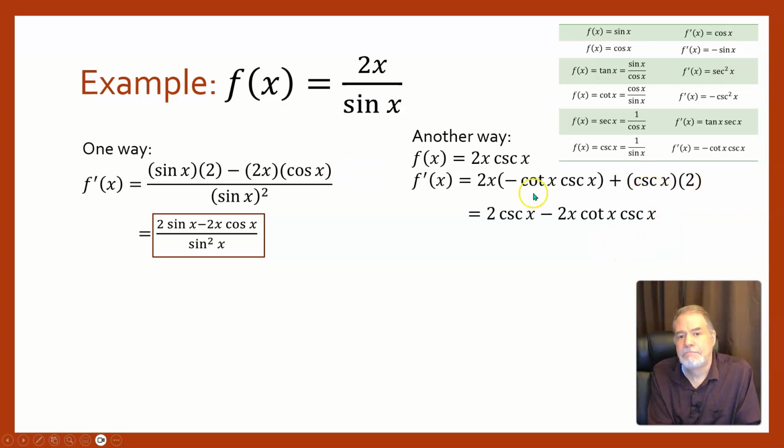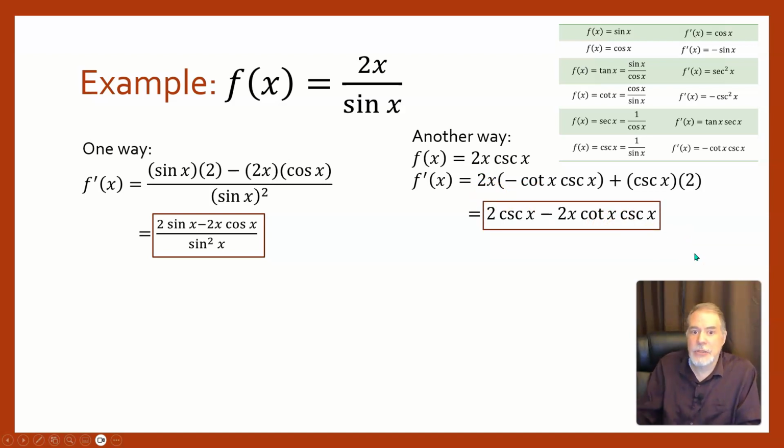And it might clean things up a little bit if we put the one that's negative second. So we can write it as something minus something else. So then it would be 2 cosecant x minus 2x cotangent x cosecant x. And we could say, okay, that's the answer. That is the derivative of that function. And there's nothing wrong with leaving it like that.